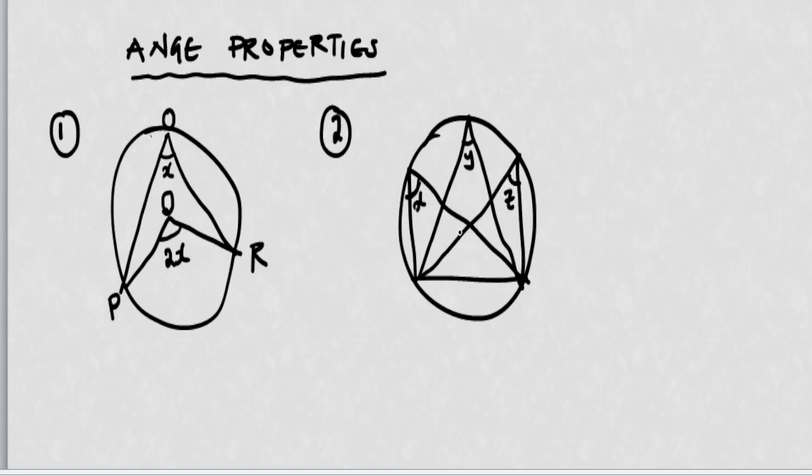Suppose this is a segment called AB. All these three angles are coming from the same segment, so we are saying angles in the same segment are the same. Therefore, angle x is the same as angle y, which is the same as angle z. That is another theorem or property that you should be familiar with.